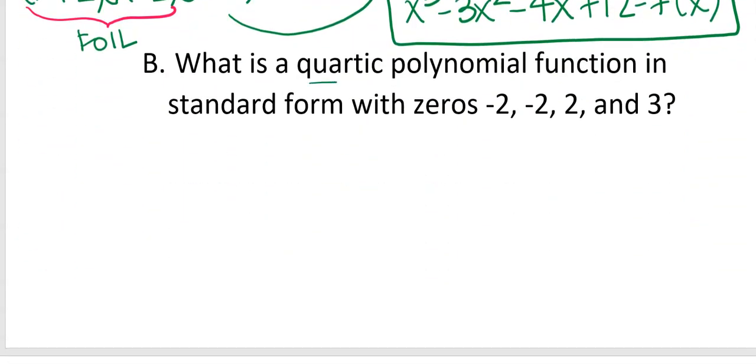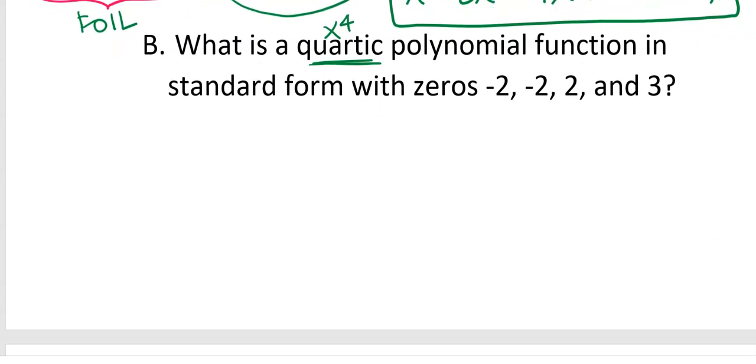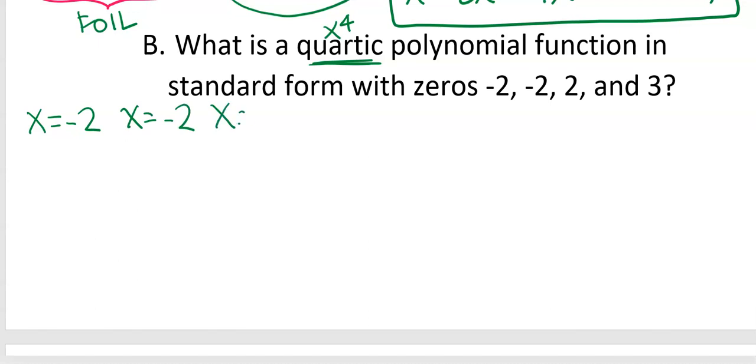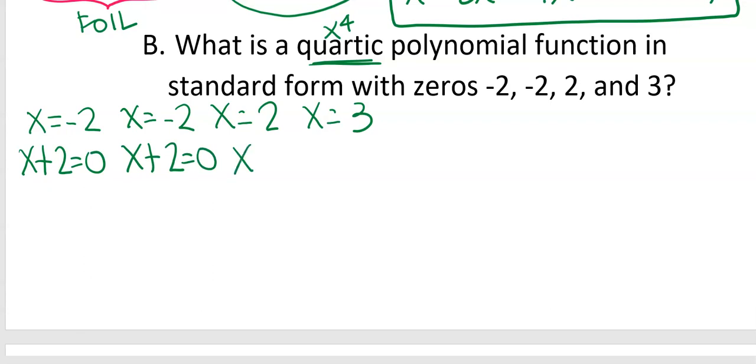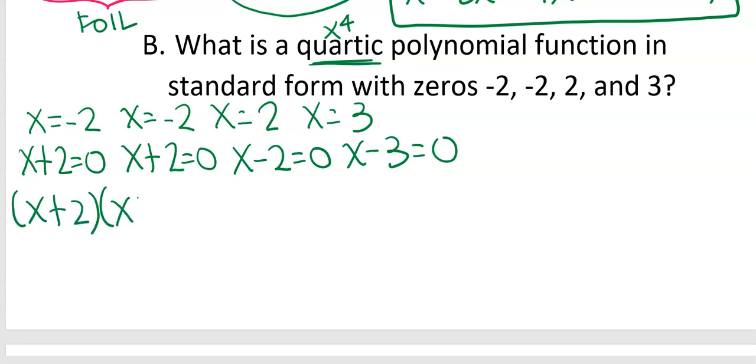The next one tells us they want a quartic, which means the highest exponent's going to be a 4. And you can see that there are 4 answers here. X equals -2 twice. X equals 2. X equals 3. So we'll turn them each into factors, which gives us x plus 2, x plus 2, x minus 2, and x minus 3.